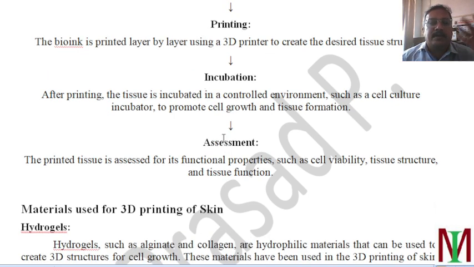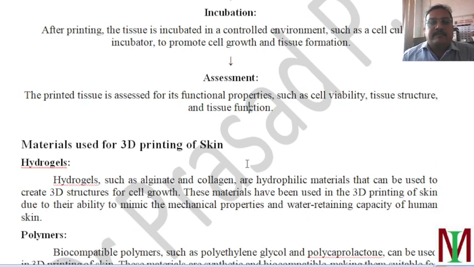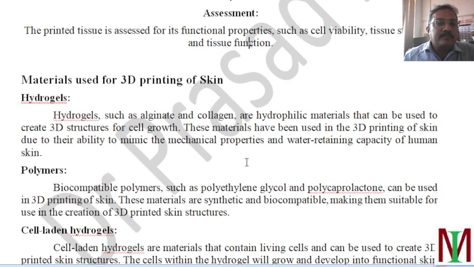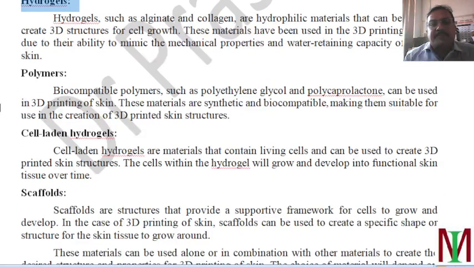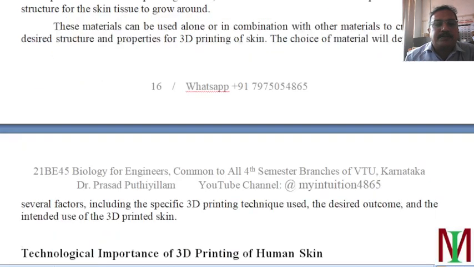Incubation makes that 3D printed skin start growing, to become alive, meaning it works similar to our normal skin. Then it is assessed for application. Materials used are again hydrogels, polymers, cell layered hydrogel, scaffolds.